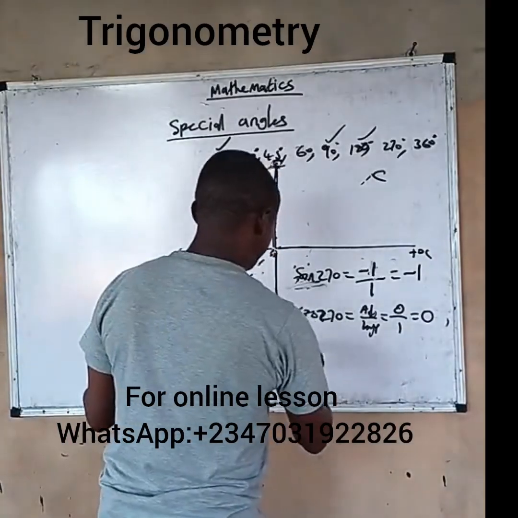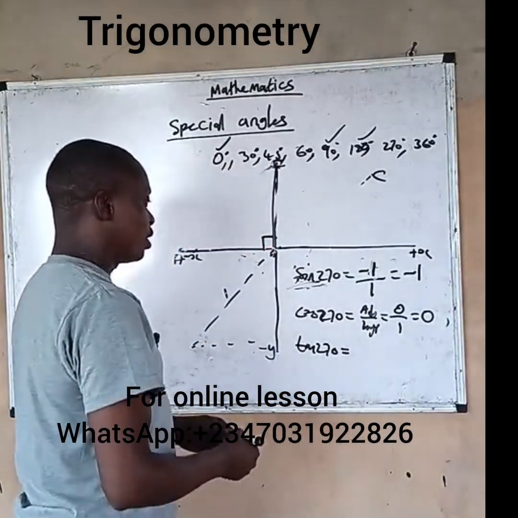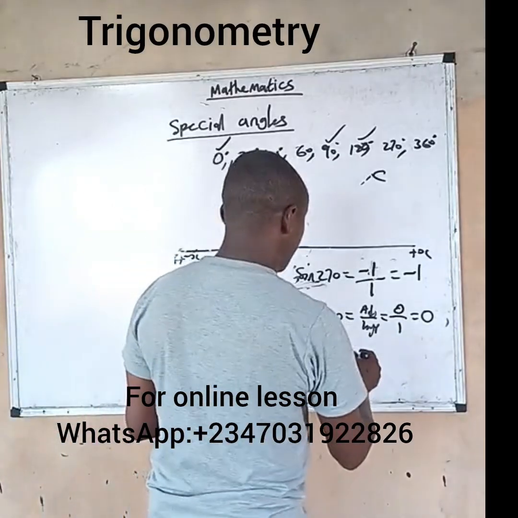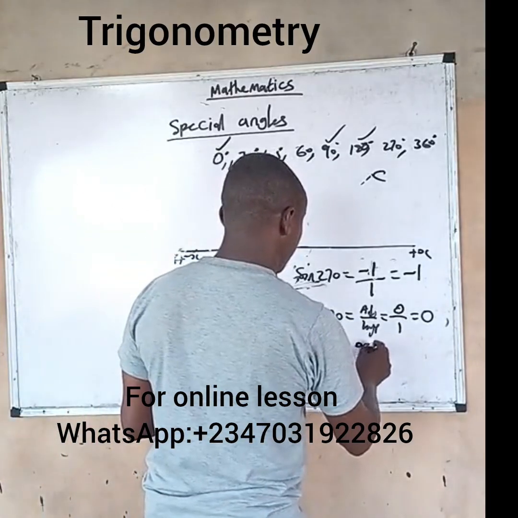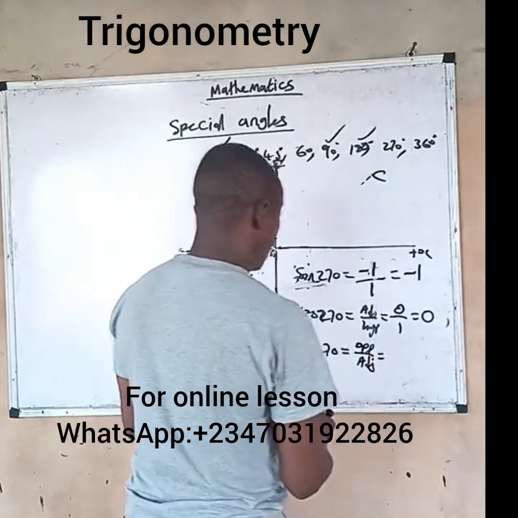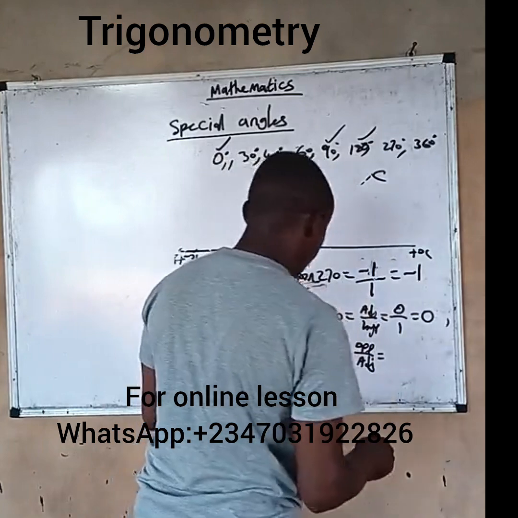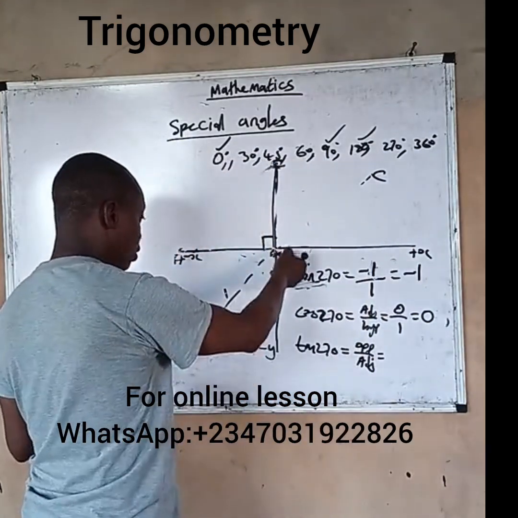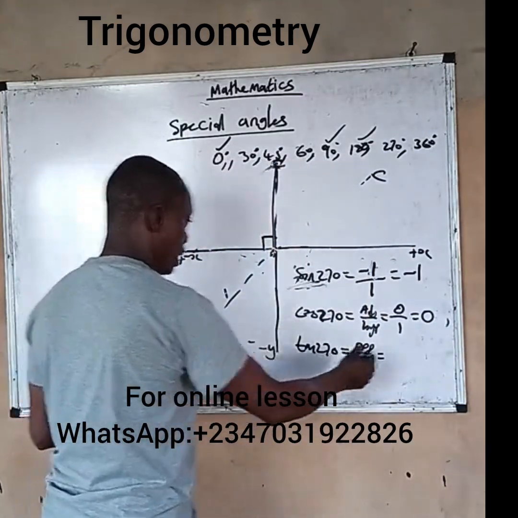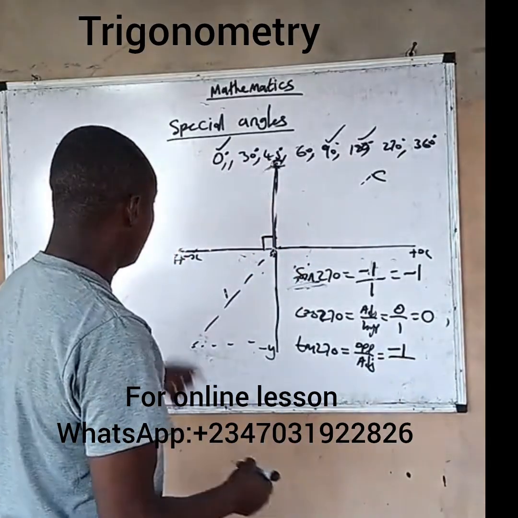All right. Then tan 270. Again, we know that tan is opposite over adjacent. Your opposite is the y component, which is minus 1, and your adjacent is the x component.